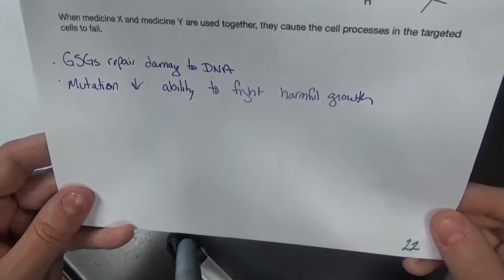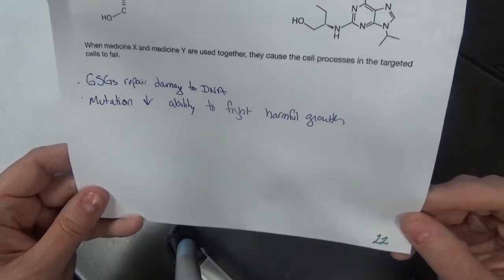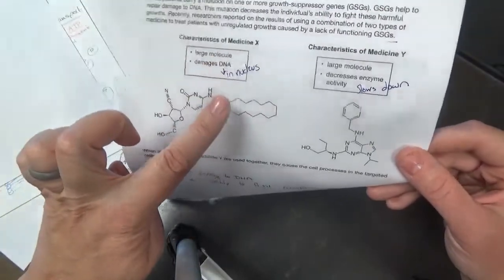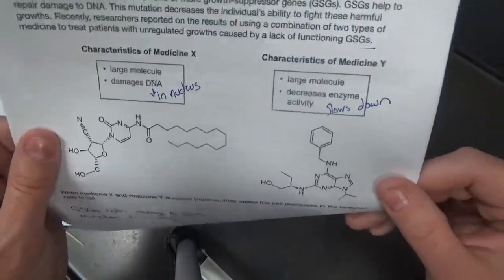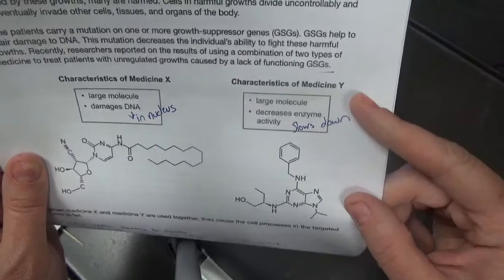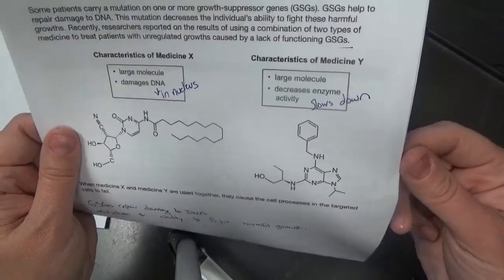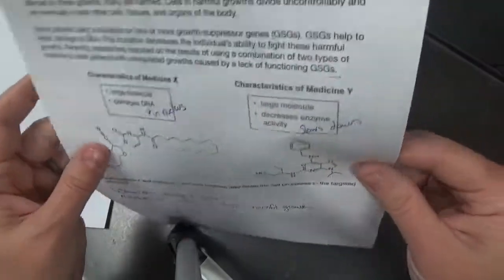And I took note that mutations decrease the ability to fight harmful growth. All right, looking at molecule X, it's large and it damages the DNA, which is only found in the nucleus, and molecule Y is large and it slows down or decreases enzyme activity. So I'm just going to keep these notes to my side while I go to look and answer these questions.